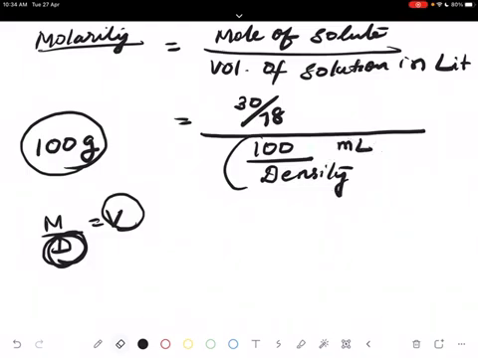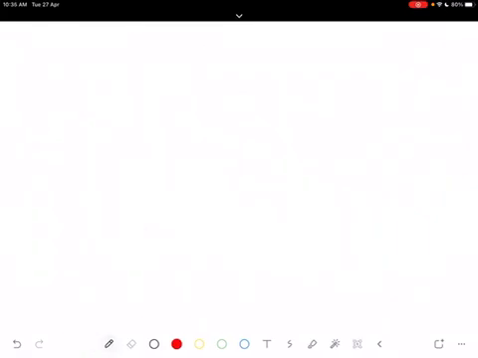This ml you have to divide by 1000, then you will get it in liters. So molarity is the moles of solute upon volume of the solution in liters.